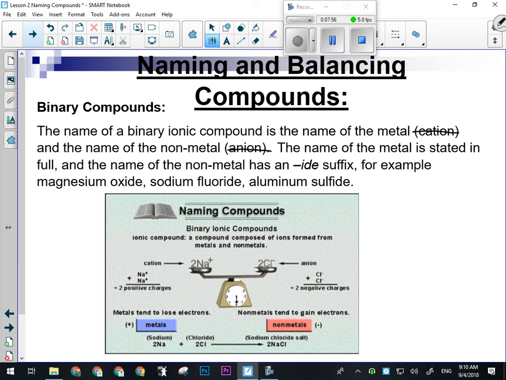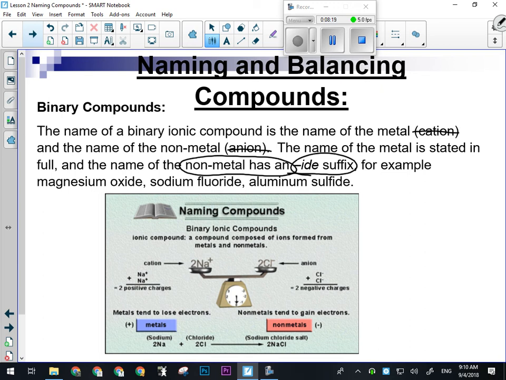We always name the metal first and the non-metal second. We do not change the name of the metal, but we do add an "-ide" ending, or suffix, to the non-metal when we make the chemical name.